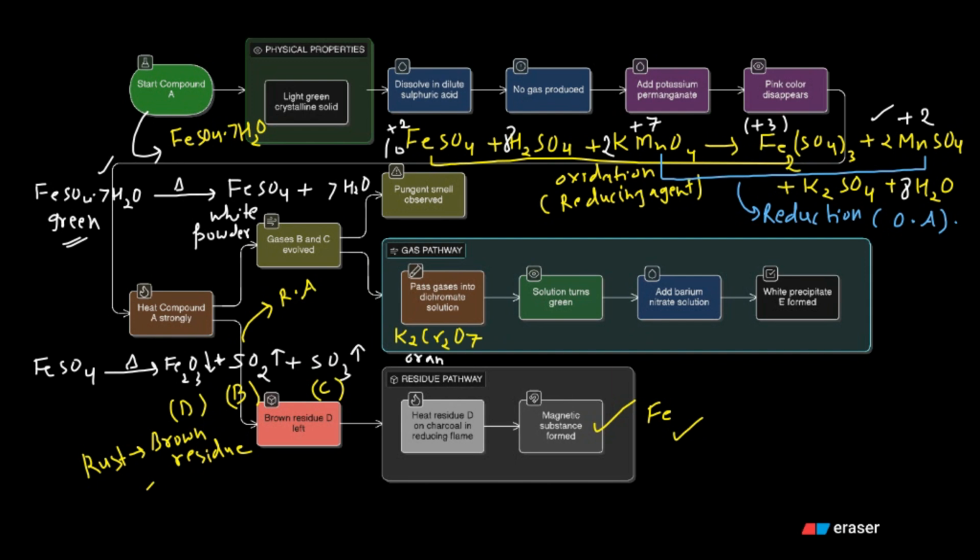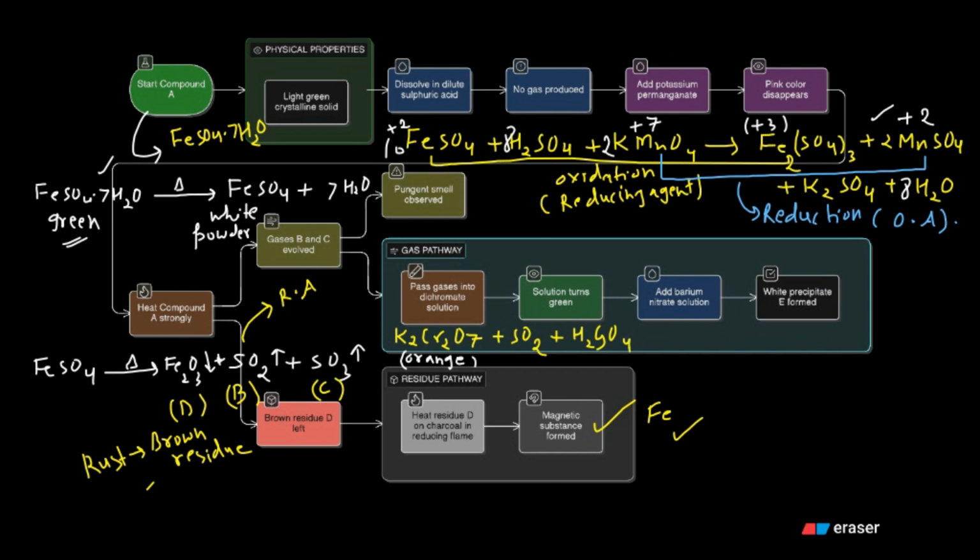Please remember, the color is orange. When you pass sulfur dioxide or sulfur trioxide to it, only sulfur dioxide will react because it is a reducing gas, and your medium will be acidic, H2SO4.